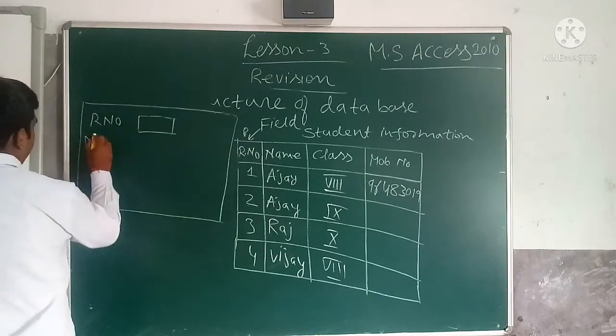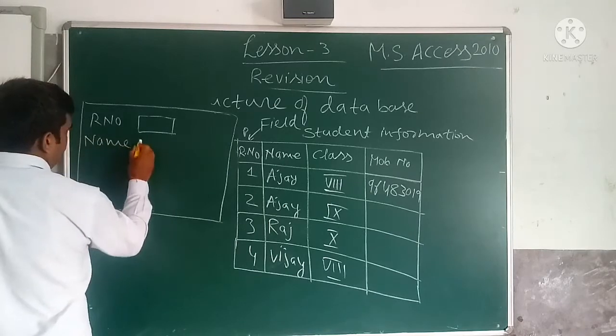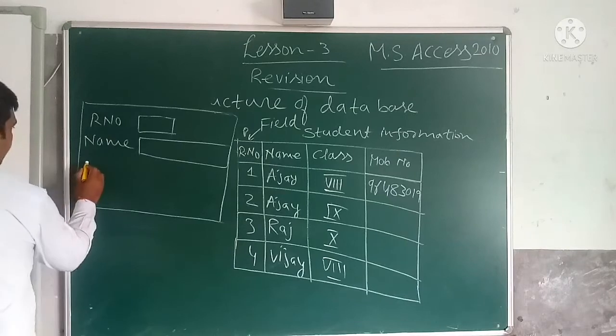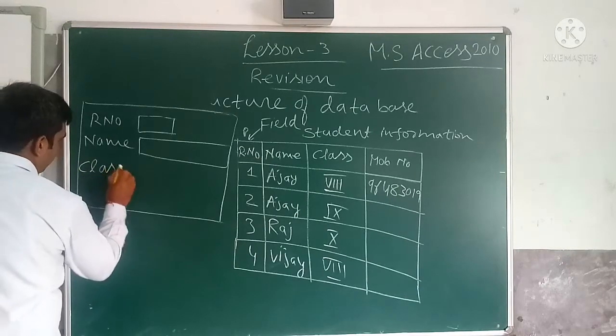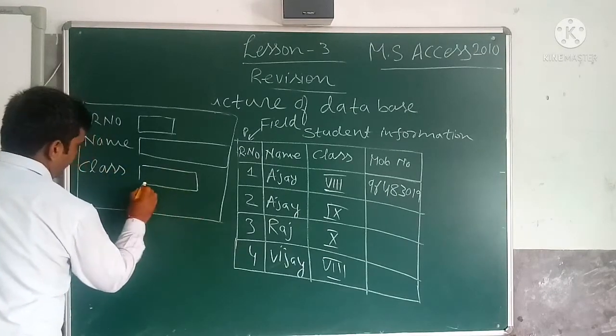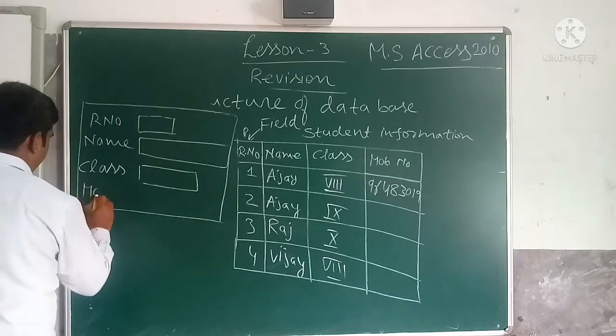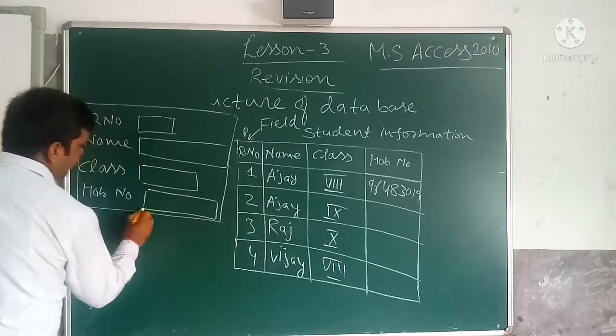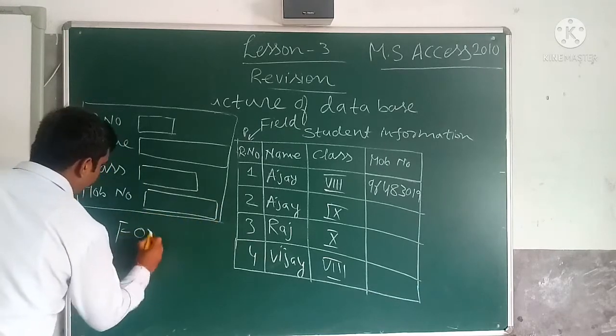Next field you will find the name, just in the form structure. Here you will find another box for entering the name. The third field you will find is class, another text box. After that, mobile number. So this is the form view.